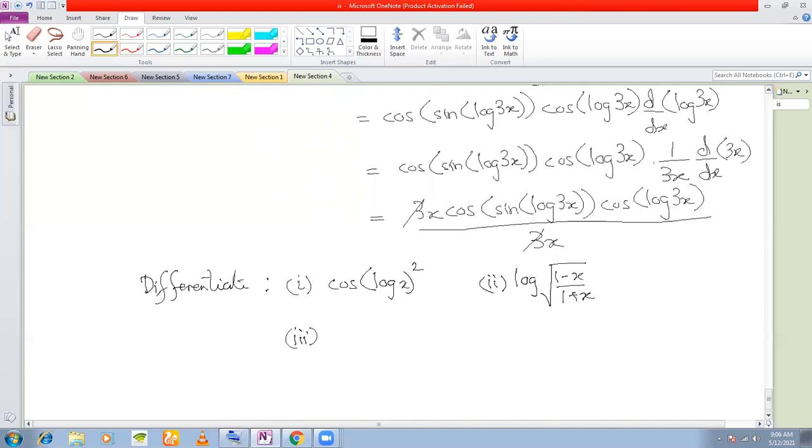Third is ln x whole square. Ln is natural log.